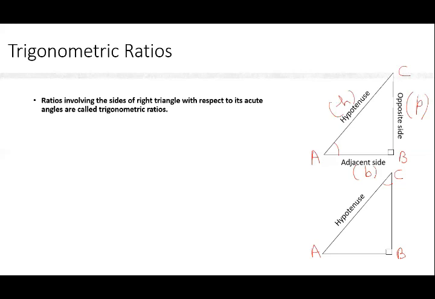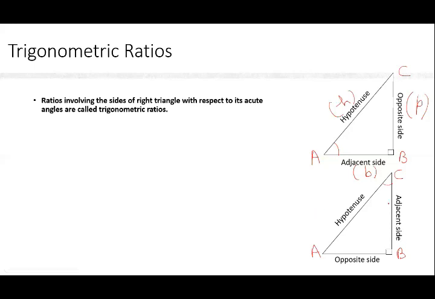If I am defining the ratio with respect to this acute angle C, the side just opposite to this angle is known as the opposite side. So here my opposite side is AB, whereas the side which contains this angle is BC, and this is known as adjacent side.